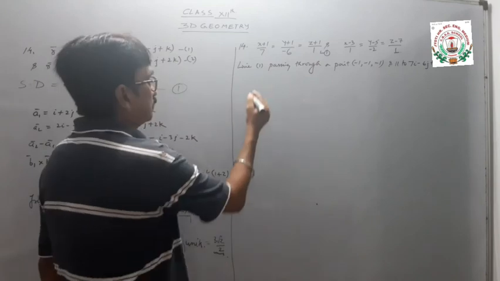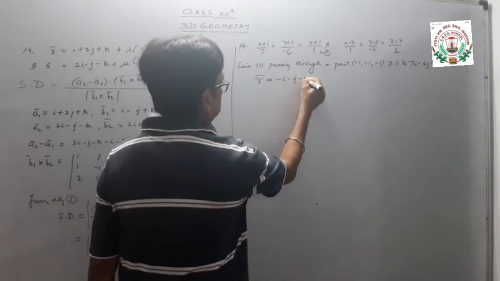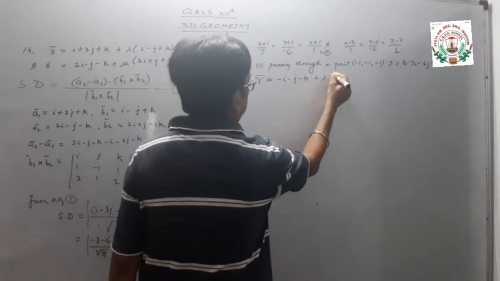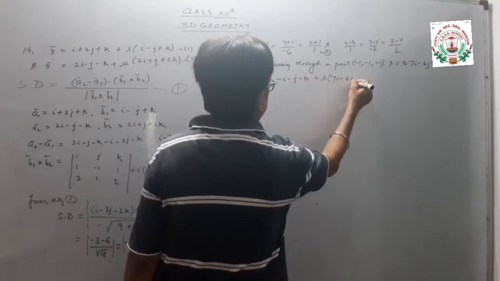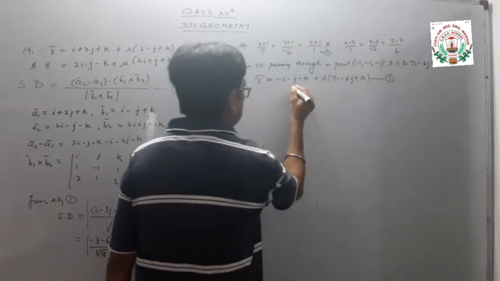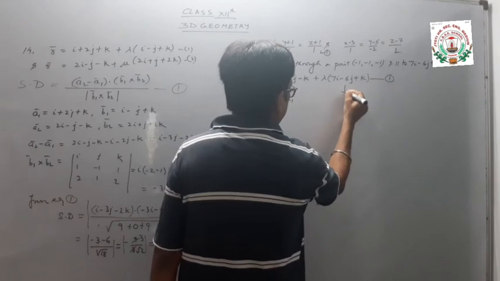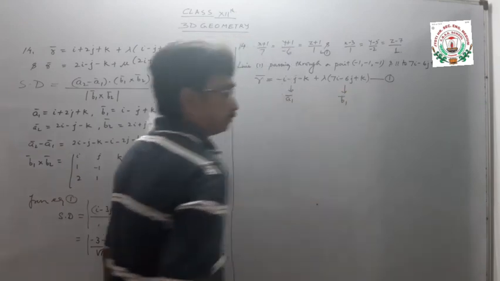So what will be its vector equation? R vector equals the passing point minus I minus j minus k plus lambda into 7I minus 6j plus k. So this value is a1 vector and this value is b1 vector.